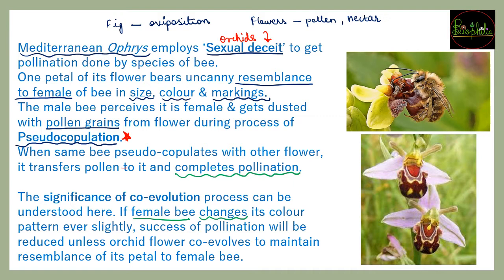So as the female bee changes its morphology, even the orchid's flower needs to change its petal resemblance, so that pseudo copulation can be done and indirectly the pollination will be completed. That is also a very important point to remember about co-evolution.